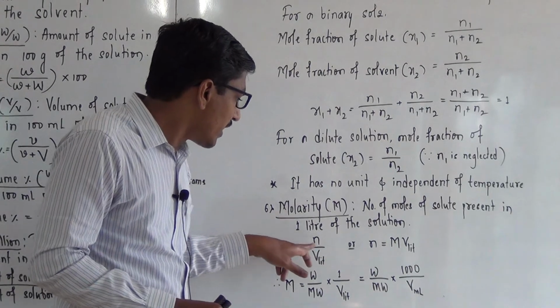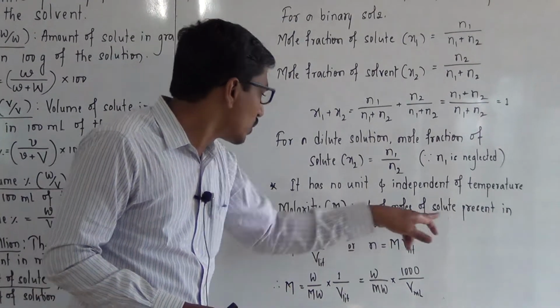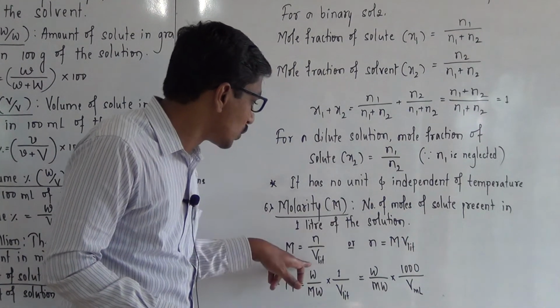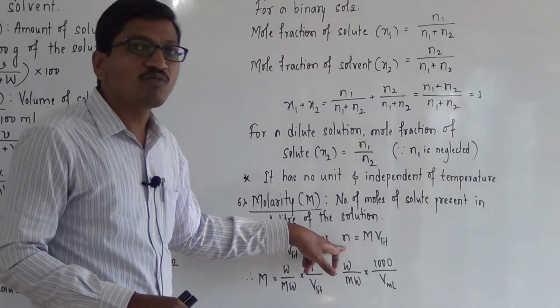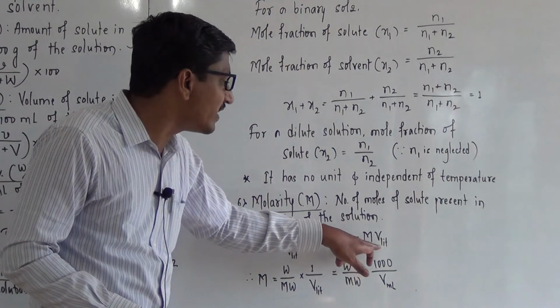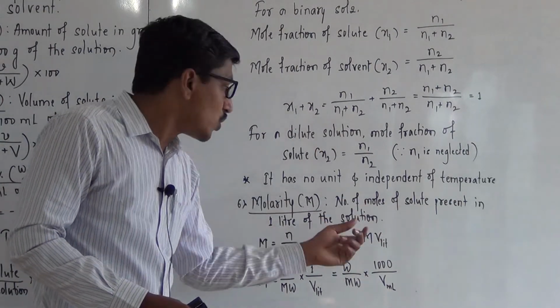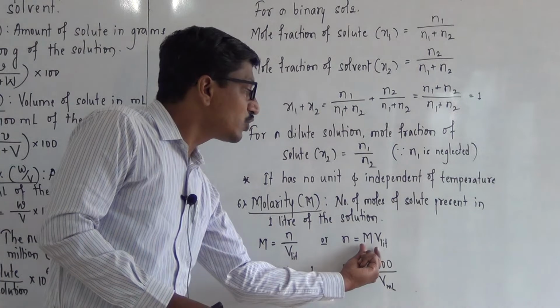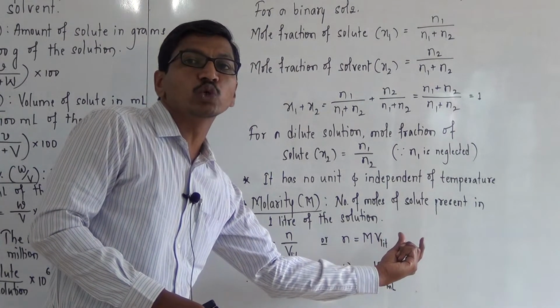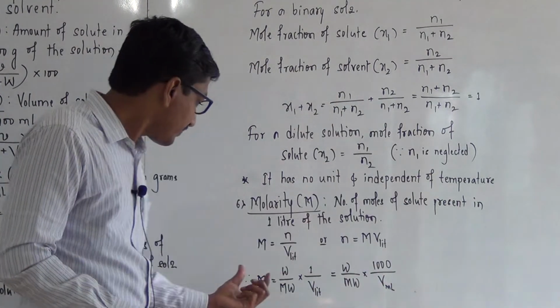M equal to N by V means the number of moles of solute present in 1 liter of the solution. The number of moles is equal to molarity into volume in liters, or the number of moles in milliliters is equal to molarity into the volume of the solution in ml.